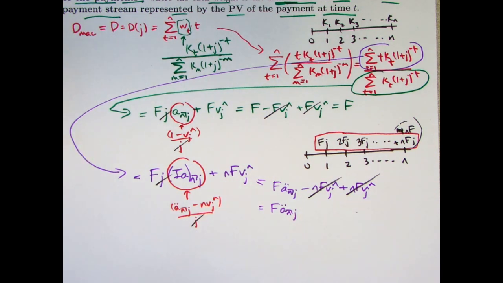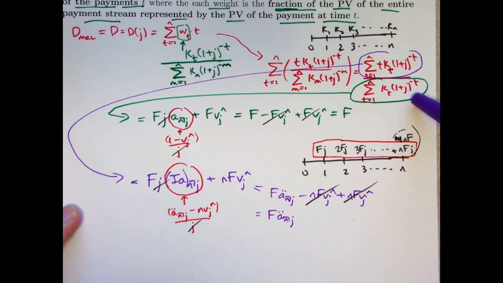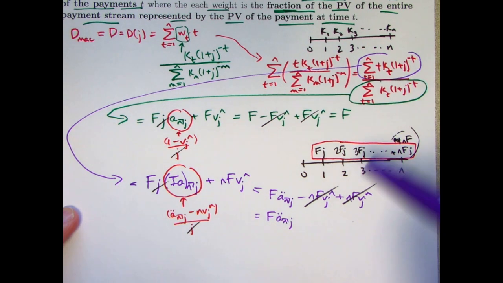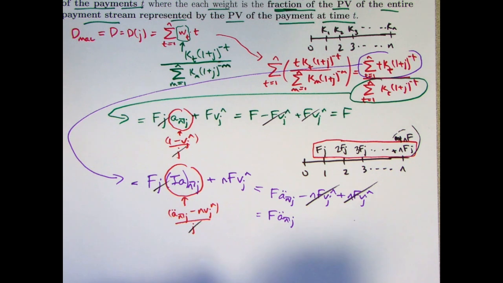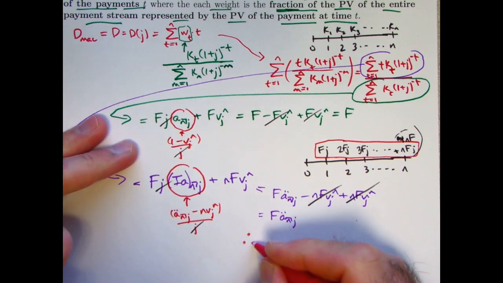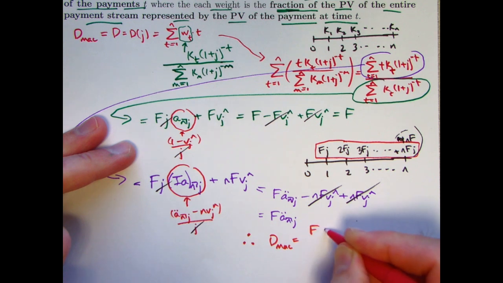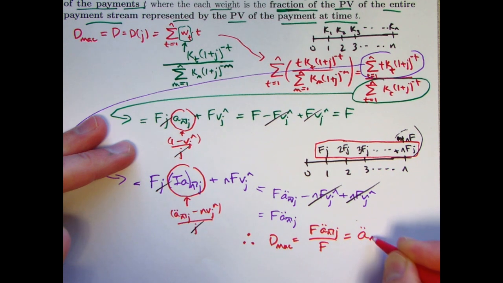And therefore, combining these two facts, the fact that the green denominator there equals f, and the purple numerator here equals this, the f's cancel, and we can say, therefore, that the Macaulay duration equals a double dot angle n at j.